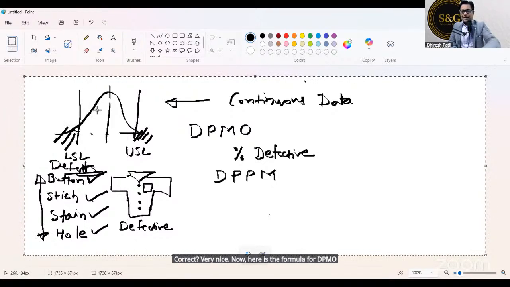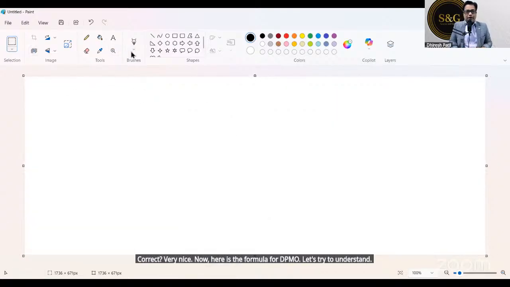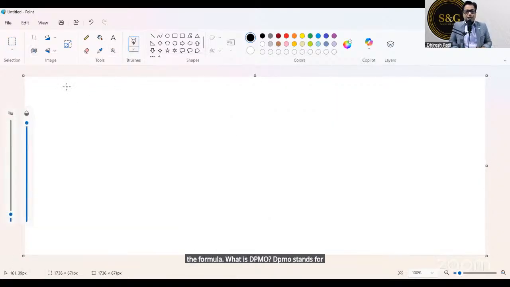Let's try to understand the formula. What is DPMO? DPMO stands for defects per million opportunity.